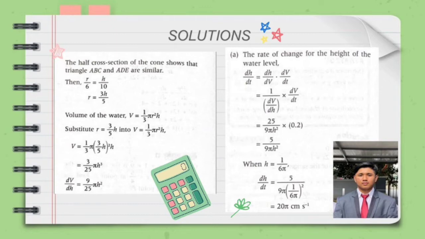Now we have the value of V. So now we need to find the value of dV over dh. How can we find it? We just need to differentiate it. After we differentiate it, we will get 9 over 25 times pi times h to the power of 2.